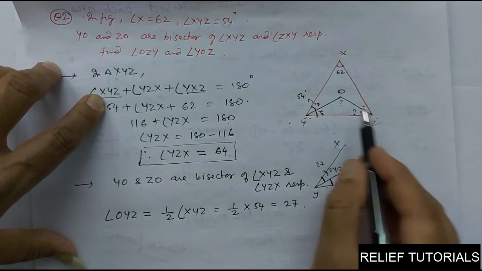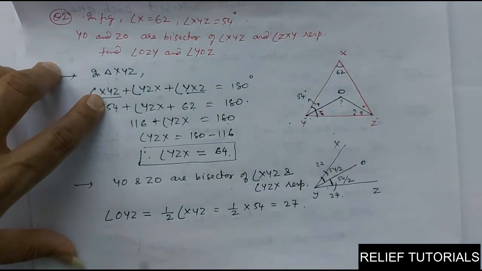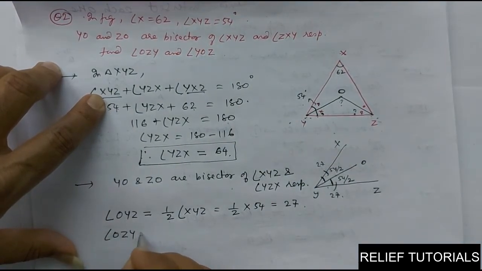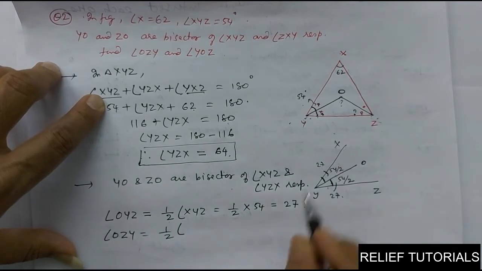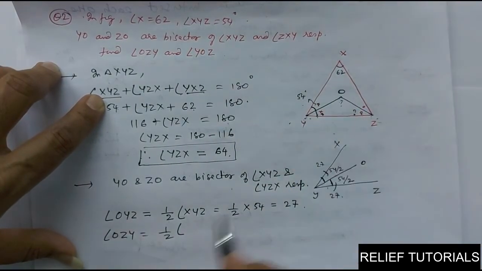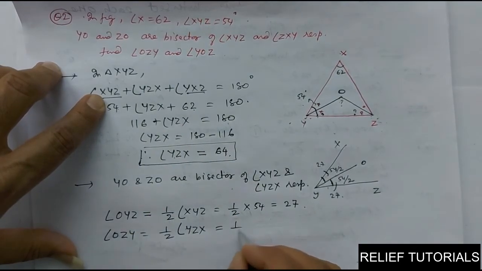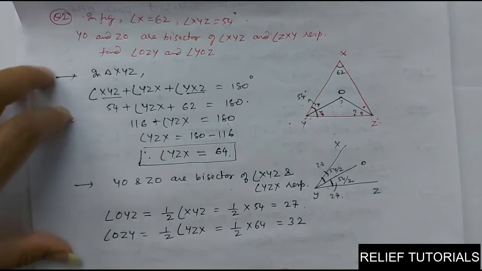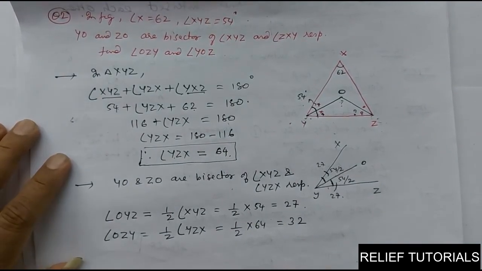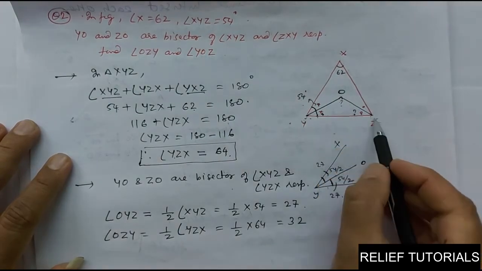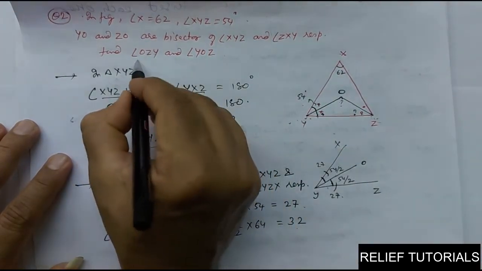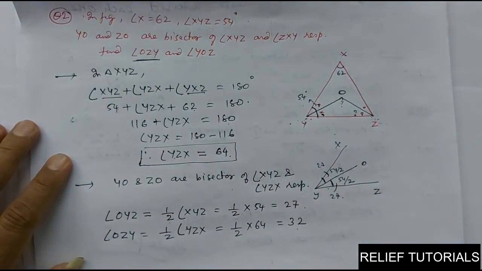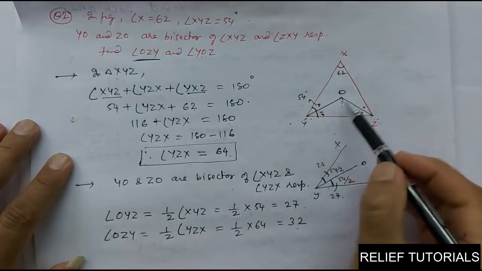Similarly, we will find angle OZY. Angle OZY is equal to half of angle YZX. We have found YZX, that is half of 64, so that will be 32. Clear? So OZY we found out is 32. Now we have to find YOZ.